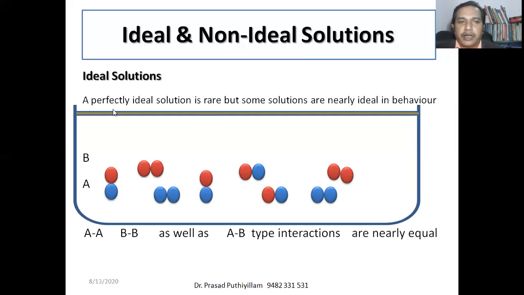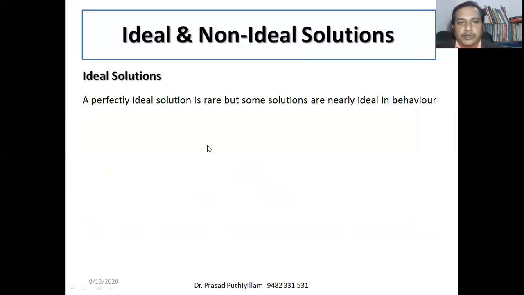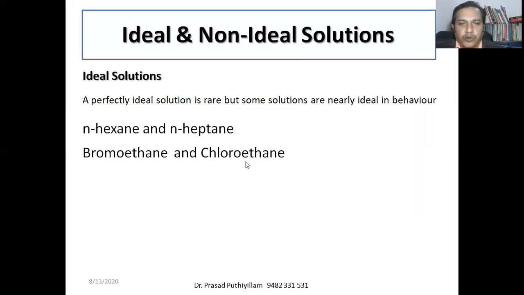A perfectly ideal solution is rare, but some solutions are nearly ideal in behavior. They are not exact ideal solutions, but we treat them as ideal solutions. For example, a mixture of n-hexane and n-heptane, bromoethane and chloroethane, as well as benzene and toluene. So these mixtures can be treated as ideal solutions.